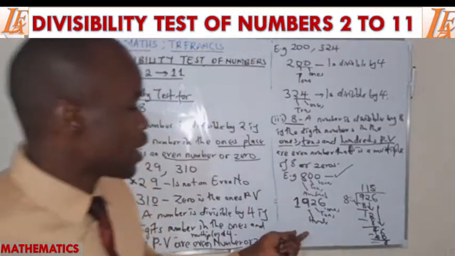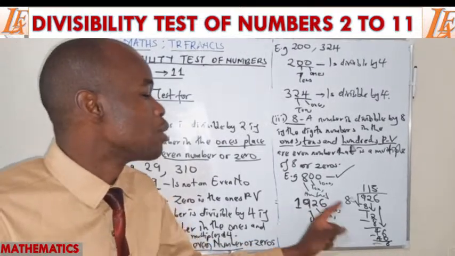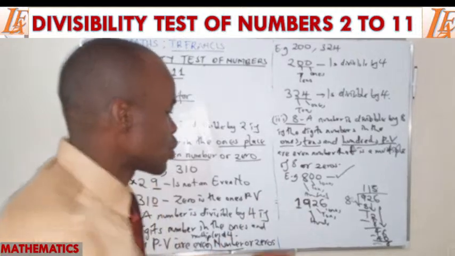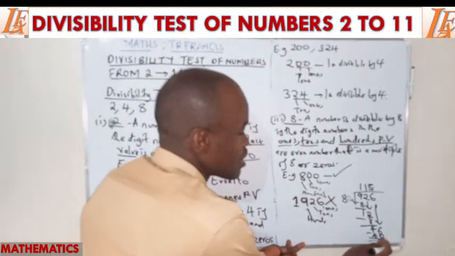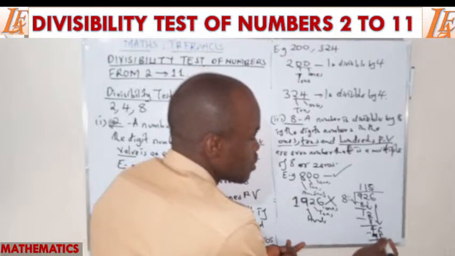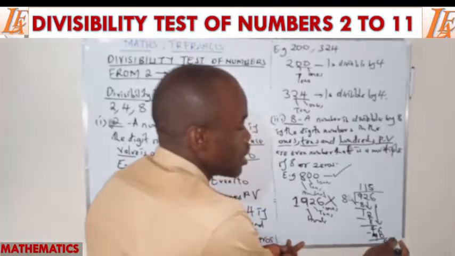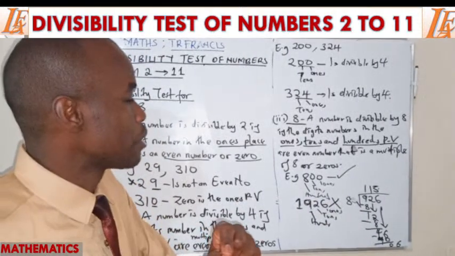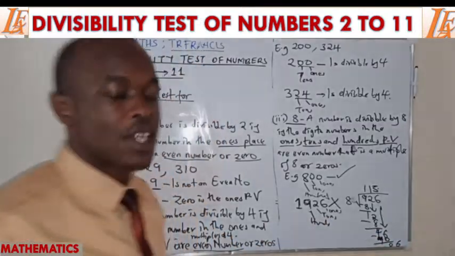So yes, 926 is an even number, but it is not a multiple of 8. Therefore, it is not divisible by 8, because there is a remainder of 6.